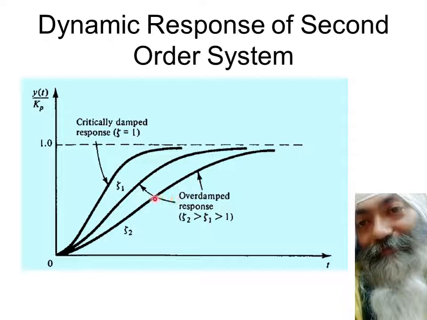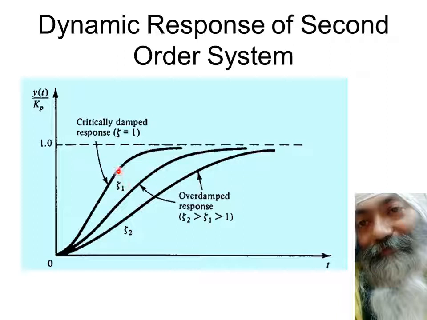It's the fastest when it's critically damped, that is when zeta is equal to 1. So you see, as I told you, that it is a little bit S shaped. It's not starting and moving up like in the first order response. Starting slightly slow, it then picks up speed and again becomes slow. It shows this S shaped kind of response.